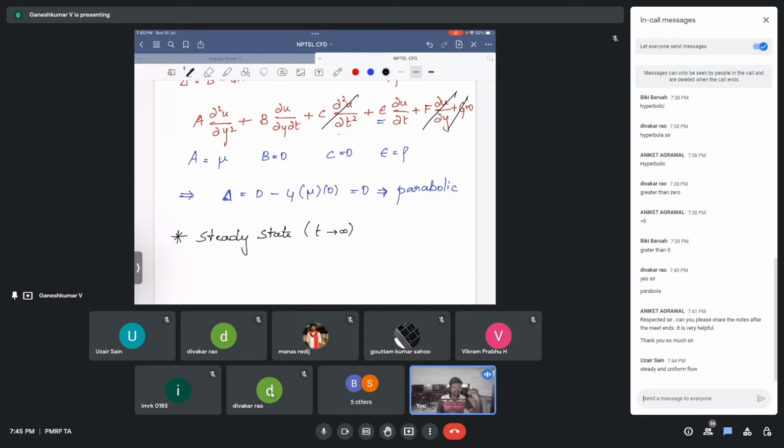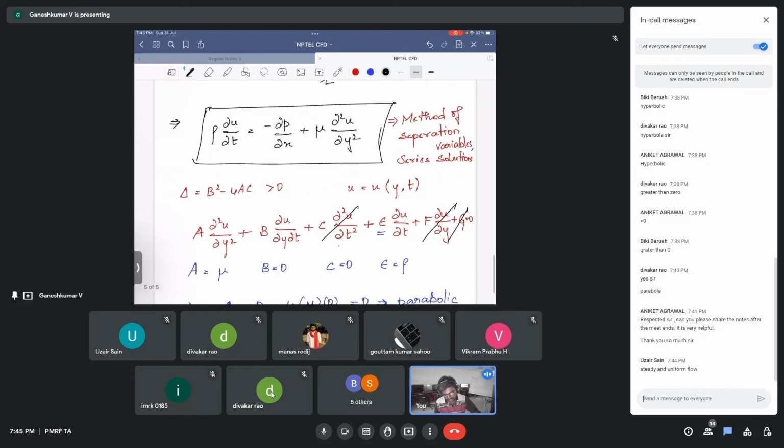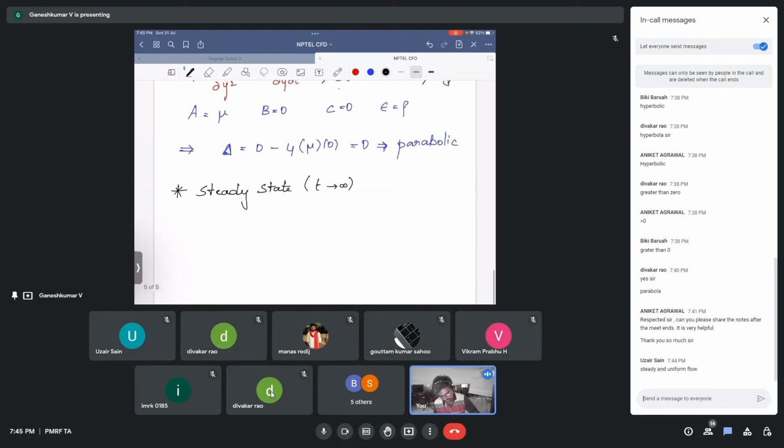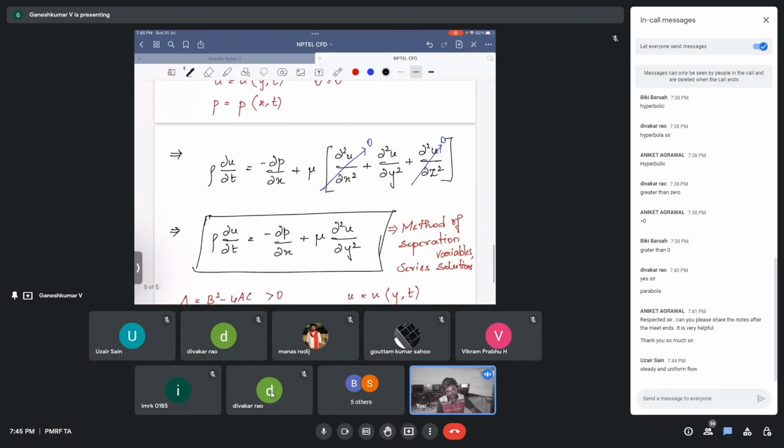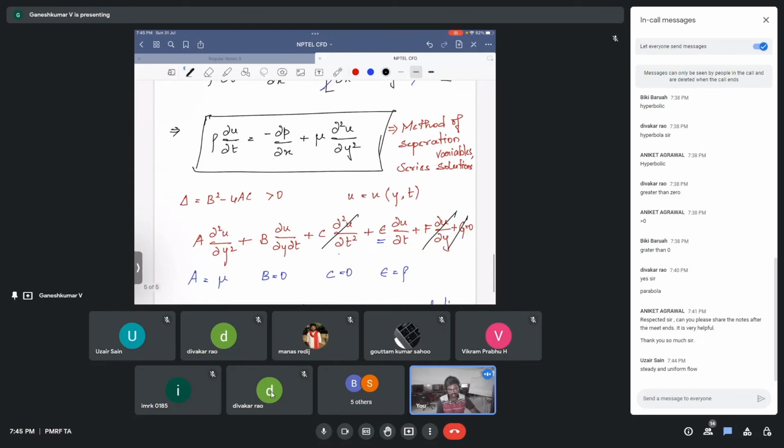When you make that assumption, you can safely ignore dou by dou t of any terms, equal to 0. First we had three equations. We made one assumption and reduced them to three simplified equations, and those could be substituted with each other, and we got a comparatively simplified equation like this.